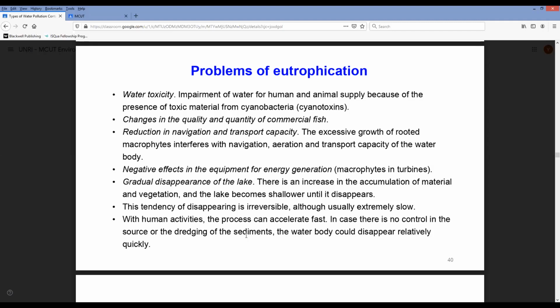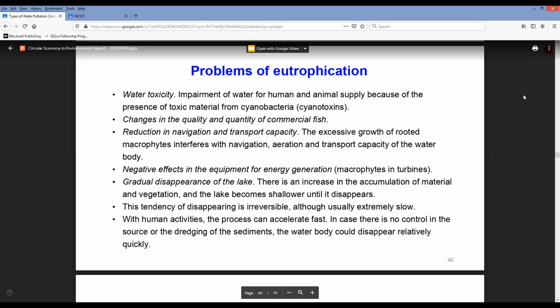Okay, and then there will be a reduction in navigation and transport capacity, and the excessive growth of roots and macrophytes interferes with navigation. And then the next is a negative effect on equipment for energy generation.